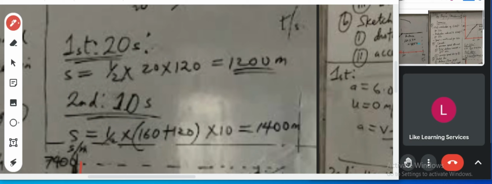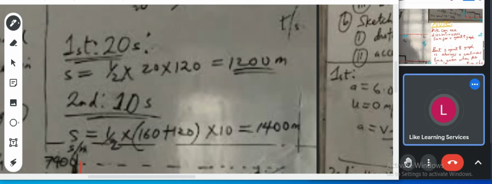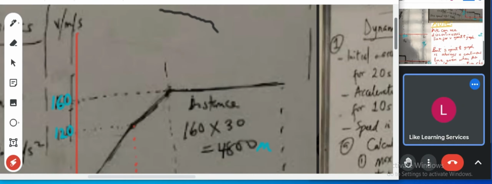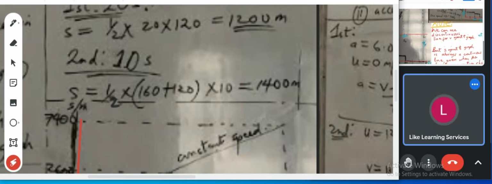The area of a trapezium is half times the sum of the parallel sides, these are 120 and 160, times the distance between the parallel sides, which is 10. So we got 1,400.